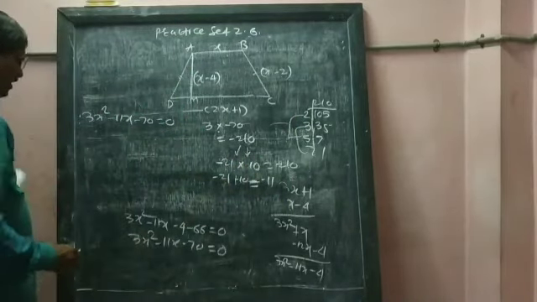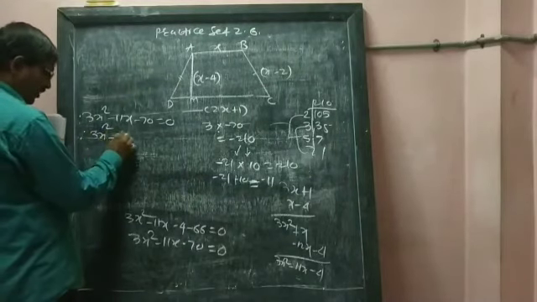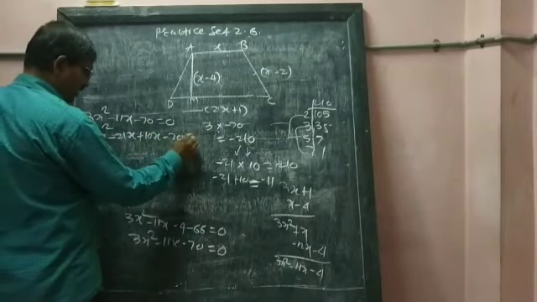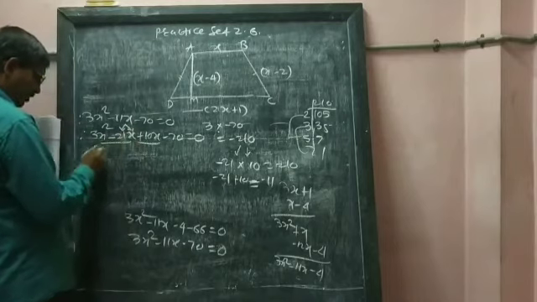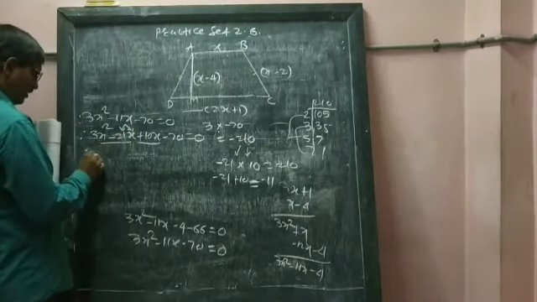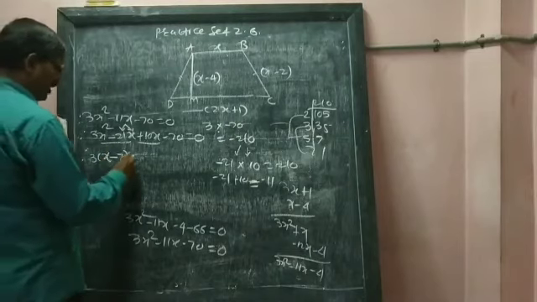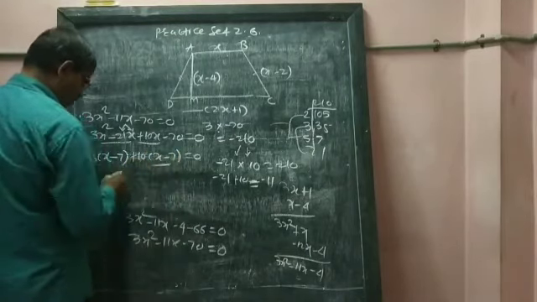Now I will write 3x square minus 21x plus 10x minus 70 is equal to 0. Now what is common? Take 3 common, then x minus 7, and here 10 is common, x minus 7 is equal to 0.